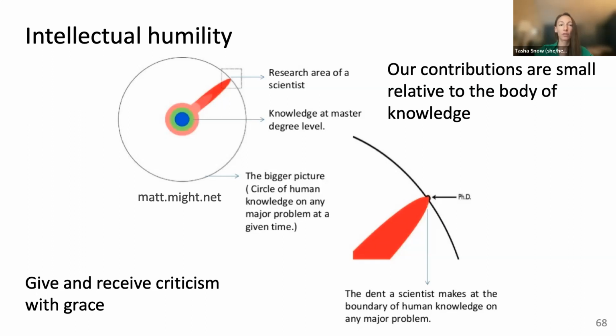Our work really stands on the shoulders of giants. So as our contributions are small, having that intellectual humility will allow us to give and receive criticism with grace. And that allows us to find the gaps that we have, both in how we interact with each other and in the research that we're doing, and really get at the big problems that we have in our fields.